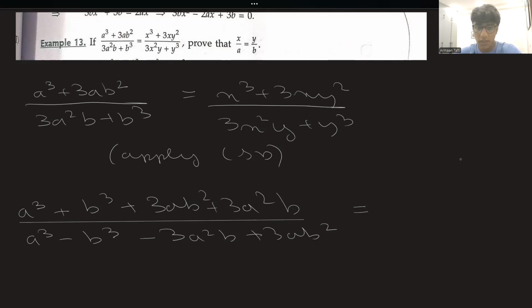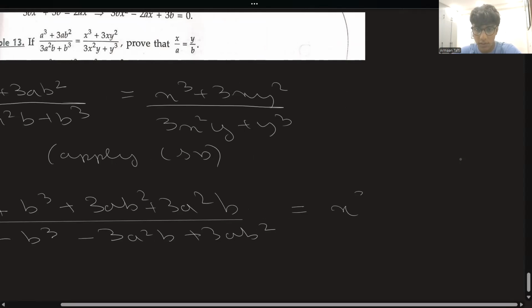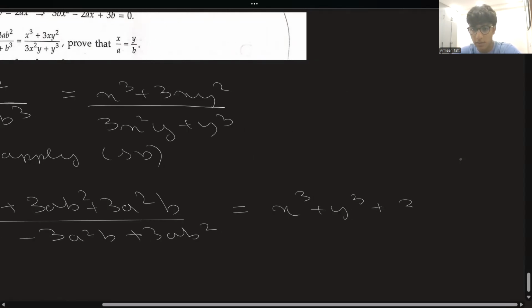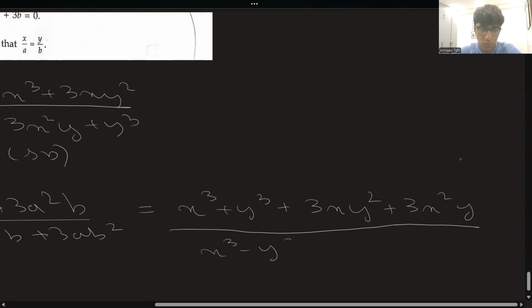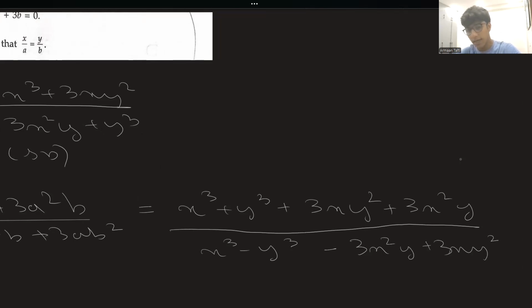Is equal to, again, on this side we get x cube plus y cube plus 3xy square plus 3x square y divided by x cube minus y cube minus 3x square y plus 3xy square, right?